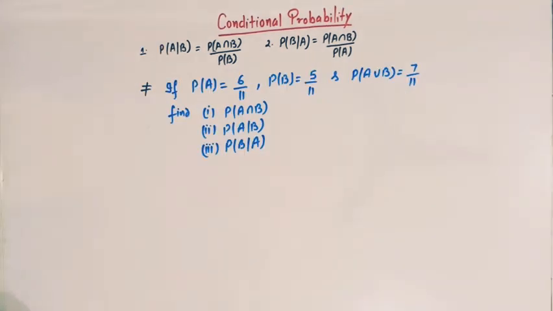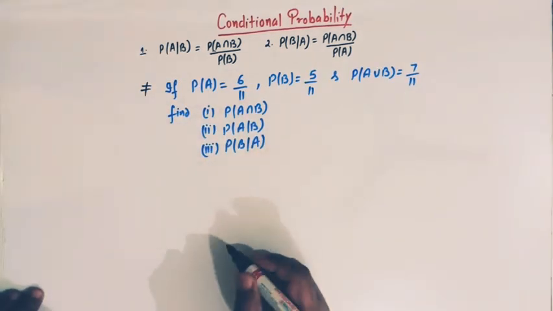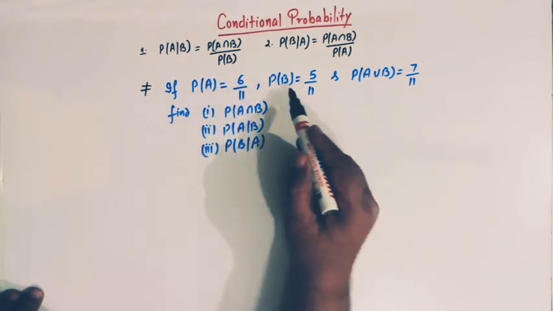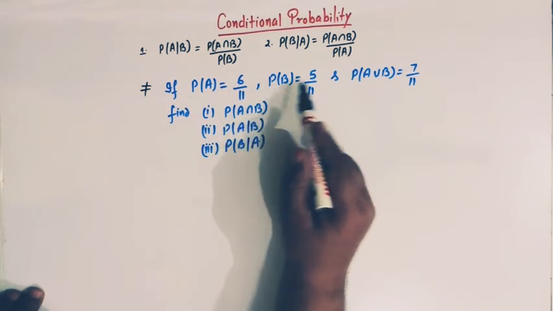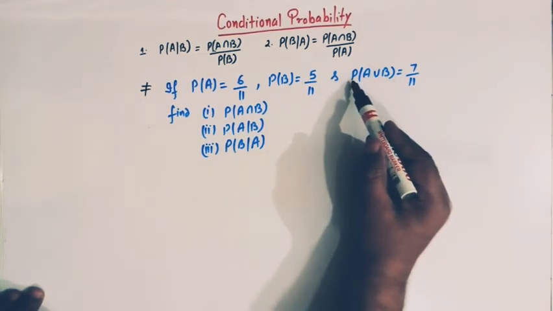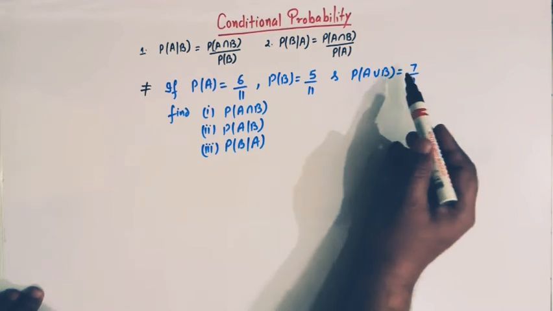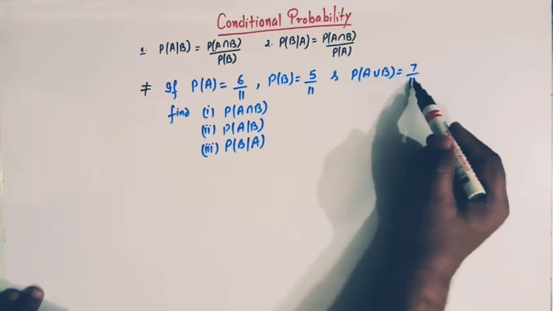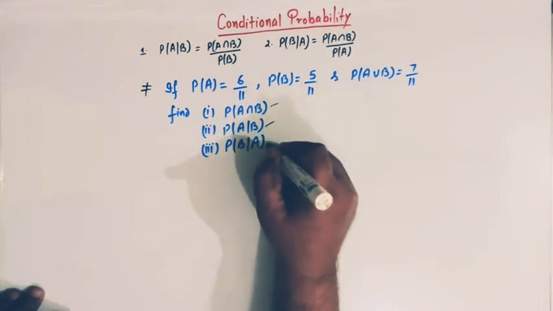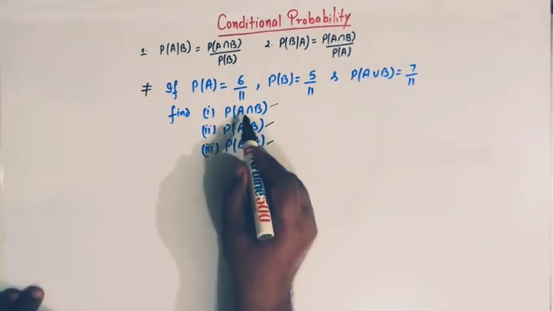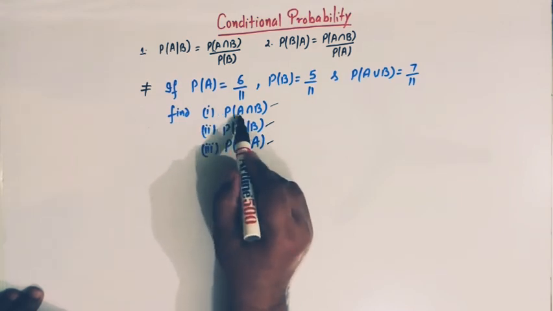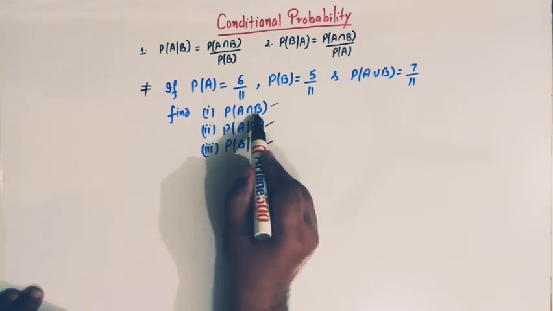Now let us take the second problem. Here we have the probability of A as 6 by 11, probability of B as 5 by 11, and probability of A union B is 7 over 11. Now we have to find these three quantities. So here we have to find the probability of A intersection B, right?